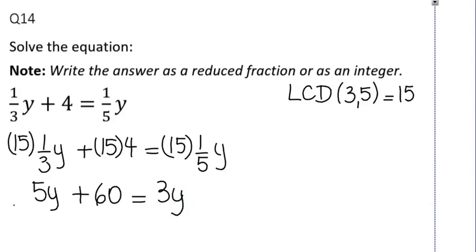Find the LCD of all your denominators, but the problem is you must use this 15 and multiply each term that you see on this equation, on both sides. You cannot miss one. People do this one and that one and forget the 4, and then do not multiply 15 by 4. Now what do you do here?